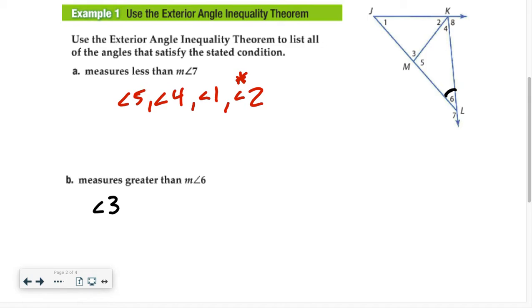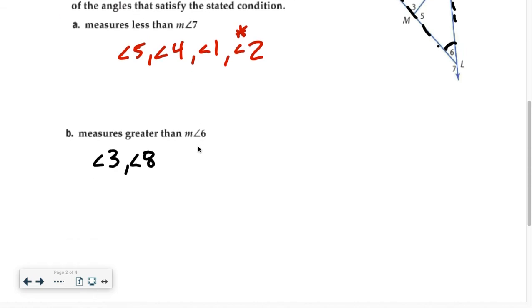What other ones would be greater than 6? Exterior angles to 6, we could certainly look at this bigger triangle again, where we have the exterior angle 8, and its remote interior angles would be 1 and 6, so angle 8 would be included. Okay, and other than those two, I'm not sure that the exterior angle theorem applies. So 3 and 8 for sure.